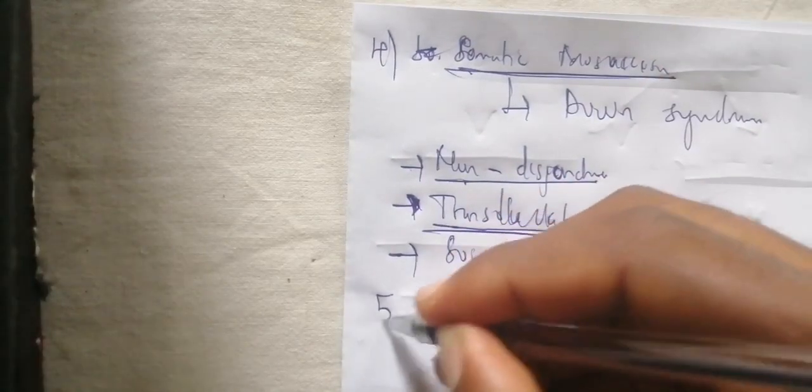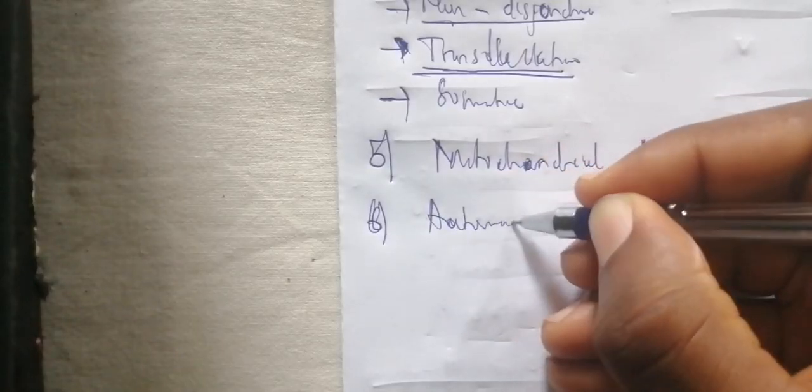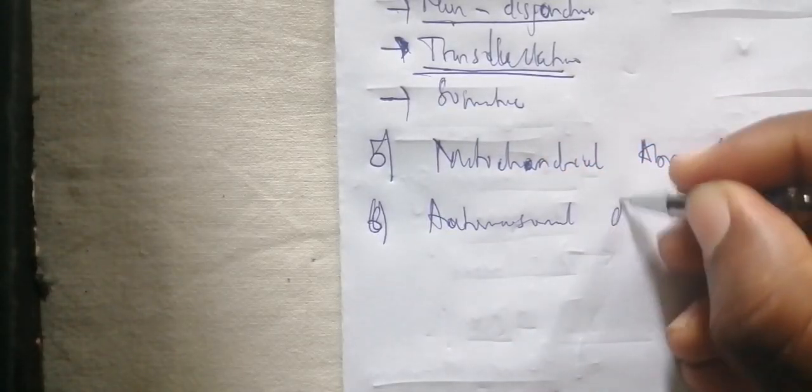The fifth abnormality is mitochondrial abnormality, which is transmitted from mother to all her children. Is it clear? Then you have autosomal dominant and autosomal recessive conditions.